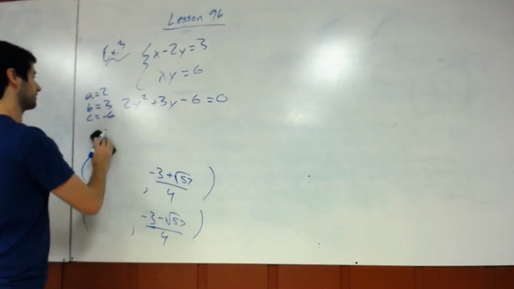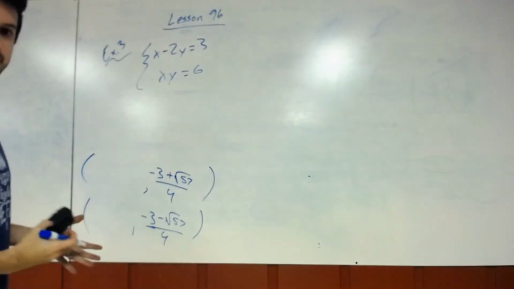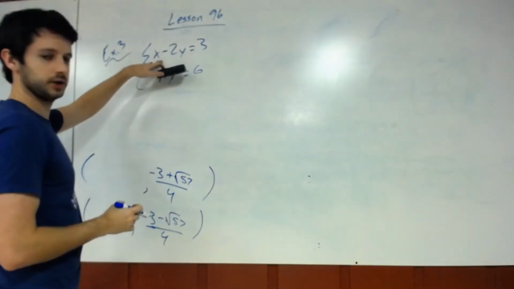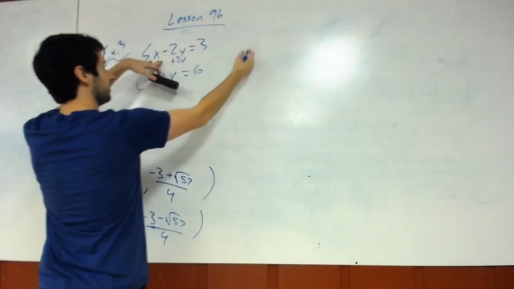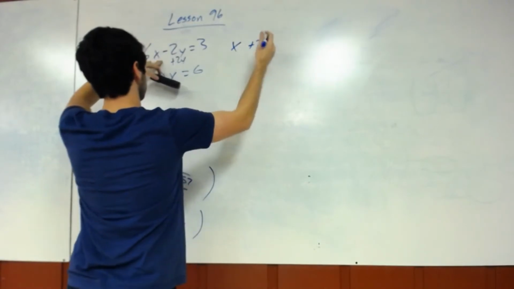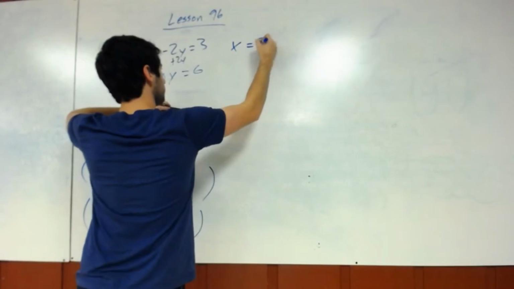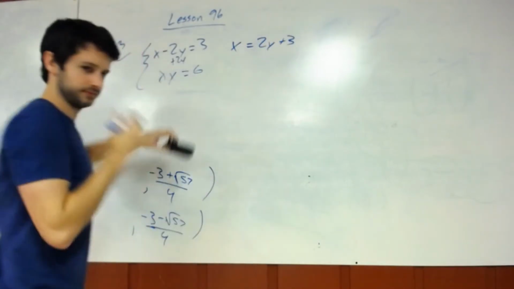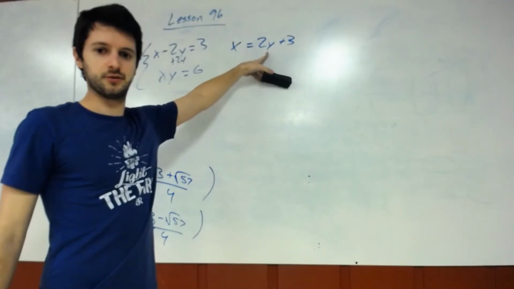So now I need to solve for x. So if I'm solving for x, what I want to do is go ahead and get x by itself up here. So I'm going to add the 2y, or sorry, it does not give me that. It gives me x equals 2y plus 3. So now I got x by itself, and we can plug in for y.